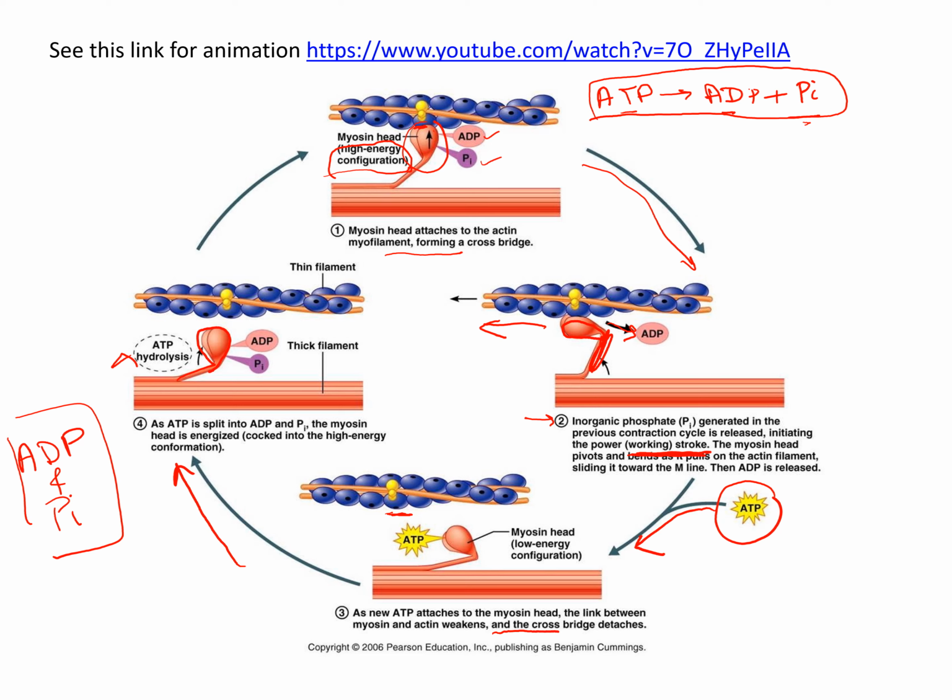The myosin head gets cocked in position, so it stretches out to attach to actin yet again. The myosin head again attaches to the exposed active sites, and the cycle repeats.